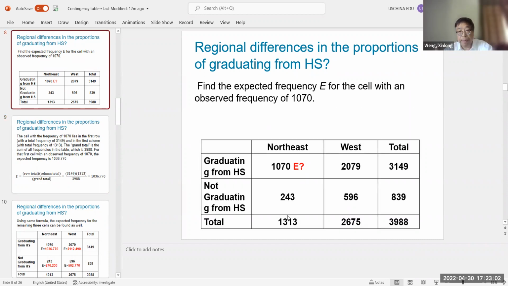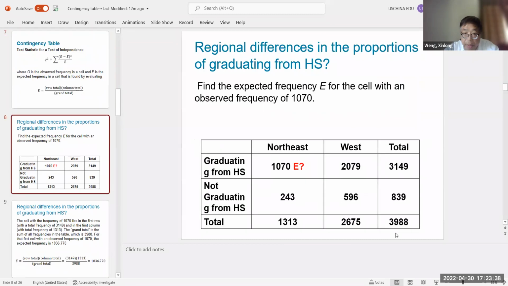Going back there, you want to calculate the expected number of the people graduated from high school. You see the row total is 3,149, and the column total is 1,313, and the grand total is 3,988. So it's easy to calculate, right?